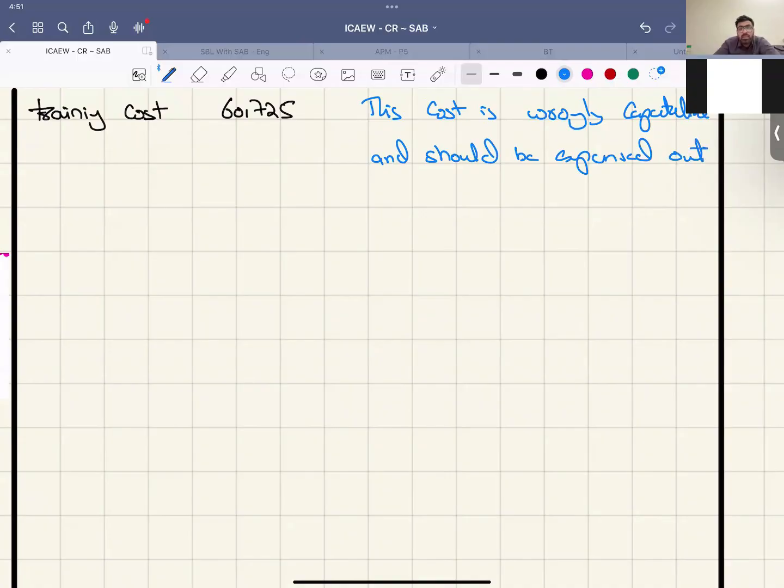This must be expensed out in admin training GL. So how do you know about GL? It's in the software. You'll see it. Don't worry.